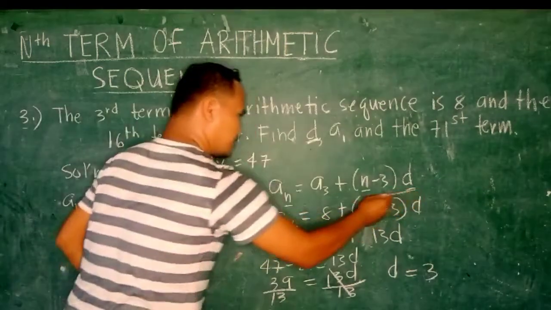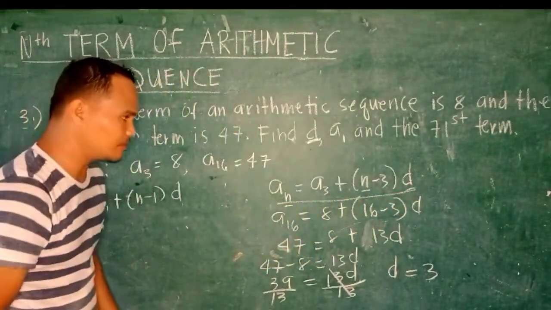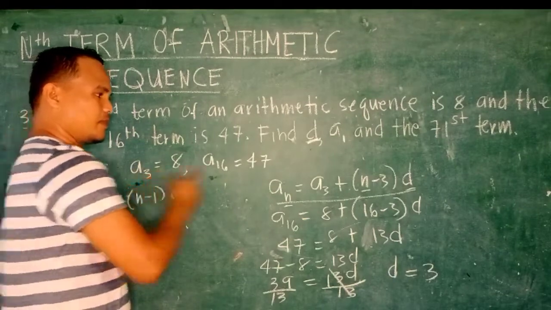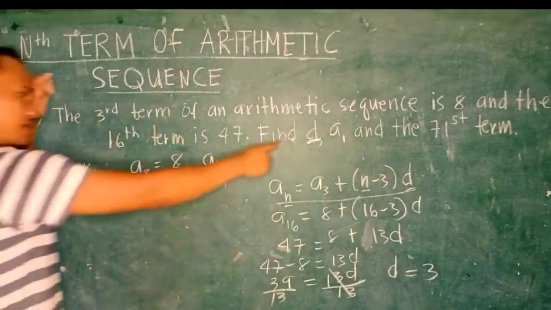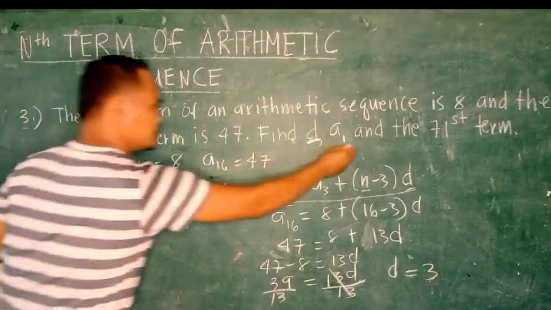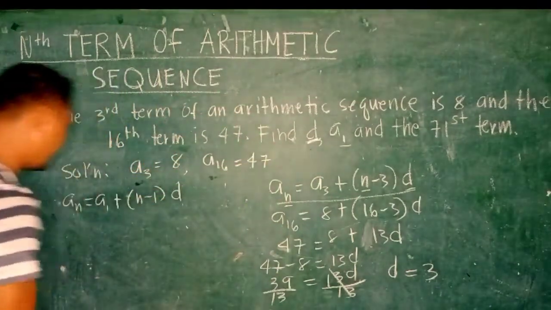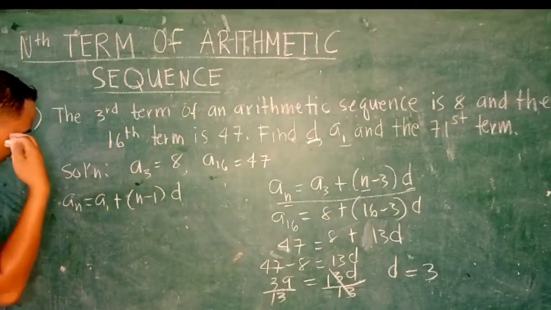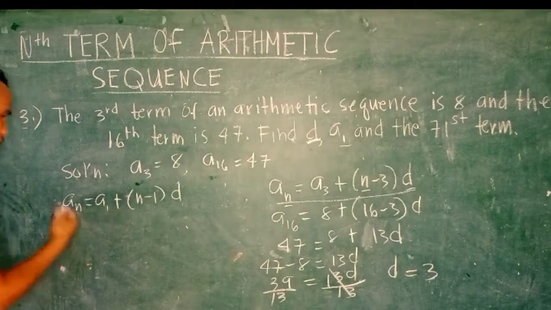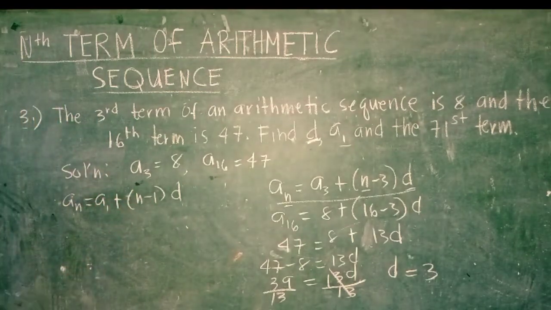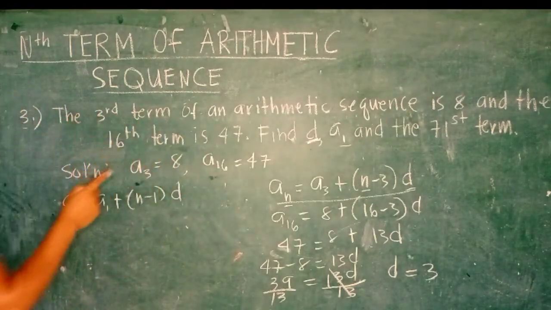Kani gigamit lang nato tungod kay wala tay first term. Ato ni gamit ang third term. Okay? Kung ang first term na ang gamiton, based on the given, balik ta sa original na formula. So let us solve the first term.